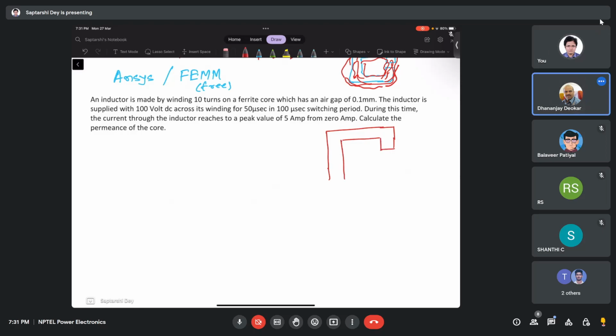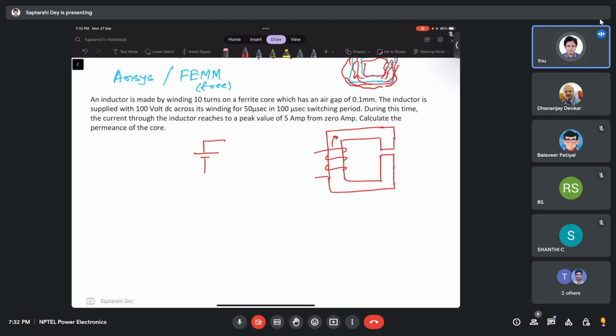I think what they mean to say here is relevant to this problem also. If you have a winding like this, then the flux that is flowing sees two reluctances. If I draw an electrical equivalent circuit, it is like this.